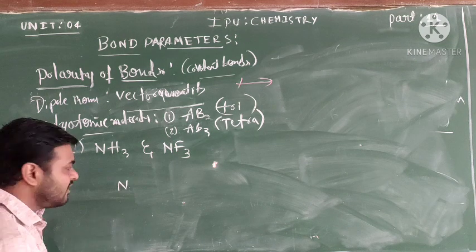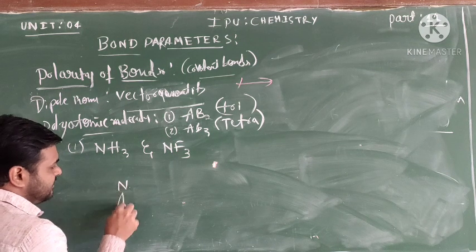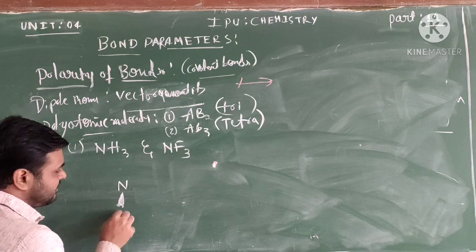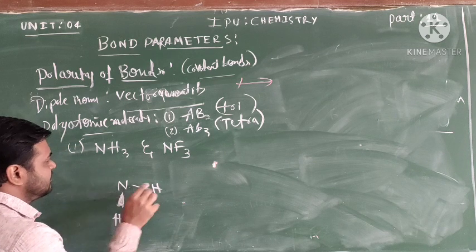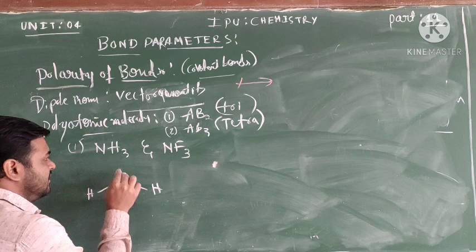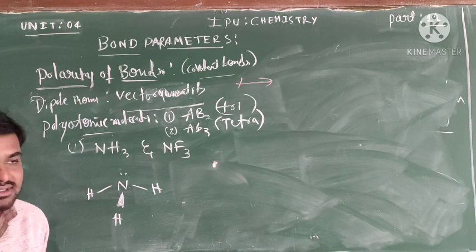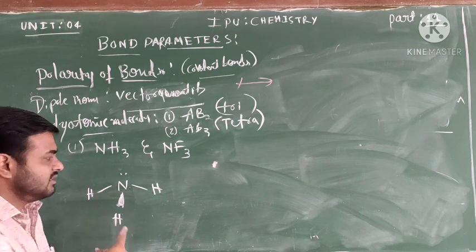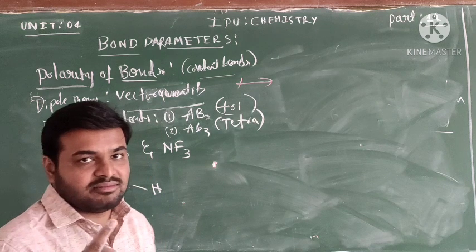See here the NH3 molecule. Nitrogen is the central atom with three hydrogens. Nitrogen has 3 bond pairs.